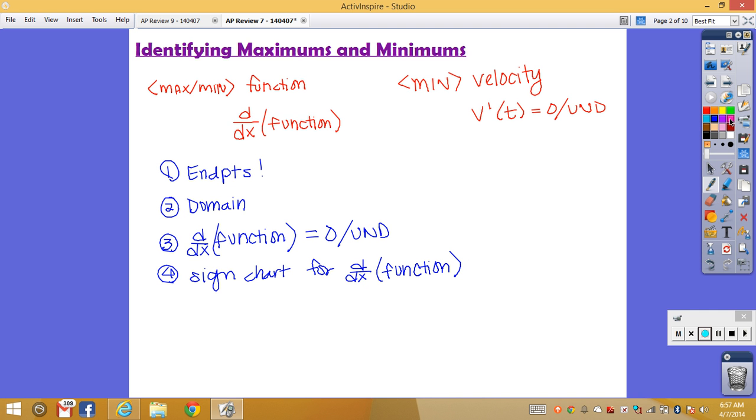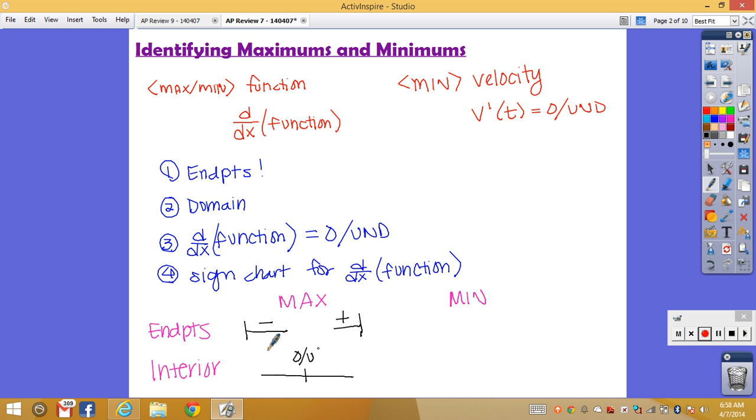Alright, and then remembering that if we want to look at endpoints, interior, max, and min, I'm just going to do a quick little table. A maximum at an endpoint, if it's a left endpoint, a maximum will look like this. If it's a maximum at the right endpoint, it'll increase to the maximum. And in the interior, your derivative will be 0 or undefined. It won't be crossed out.